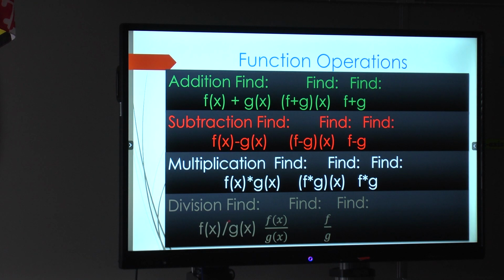Right here we use the slanted dash. Here we have f of x over g of x. If we said take f and put it over g, that's division.